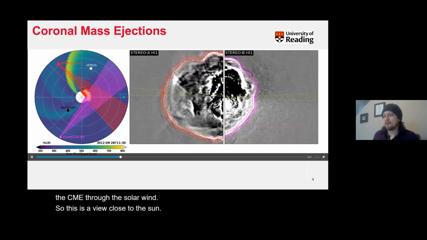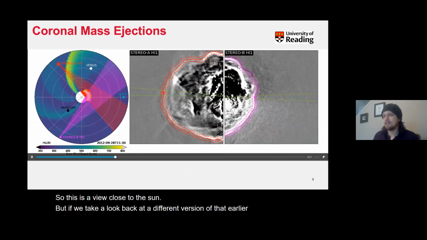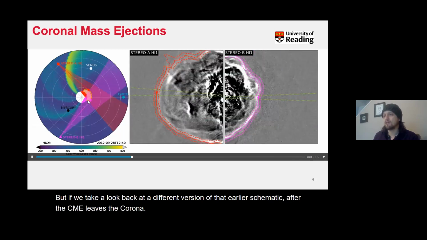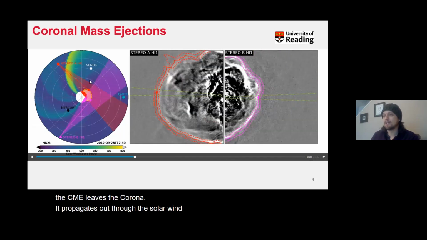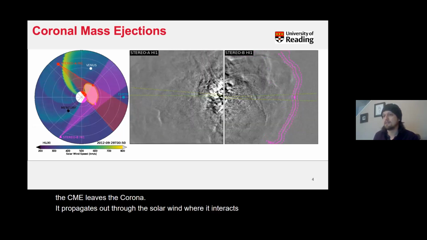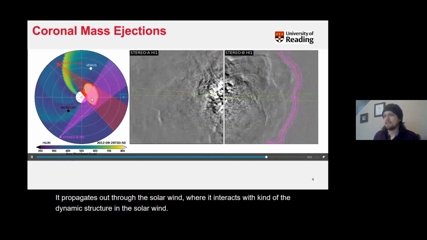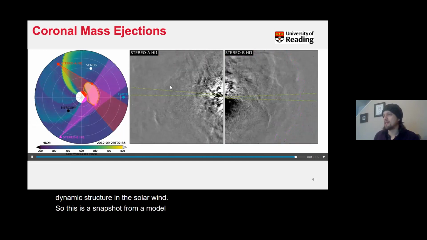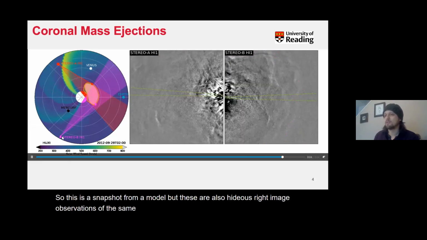But if we take a look back at a different version of that earlier schematic, after the CME leaves the corona, it propagates out through the solar wind, where it interacts with the dynamic structure in the solar wind. This is a snapshot from a model, but these are also heliospheric imager observations of the same CME taken from 2 vantage points.